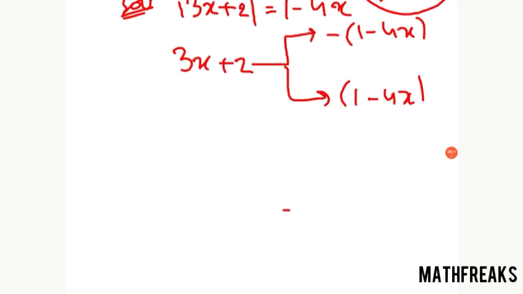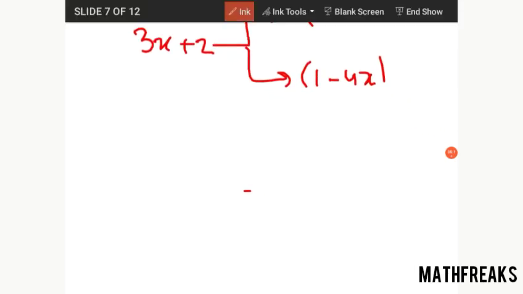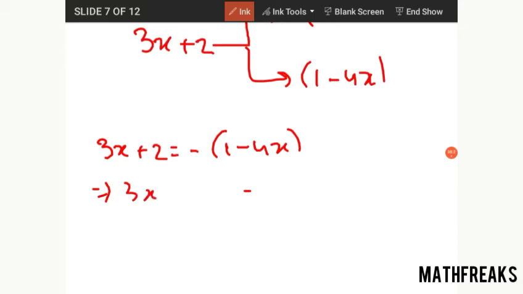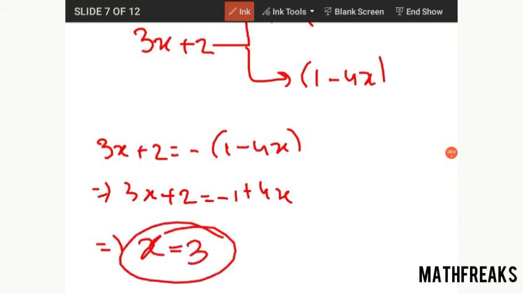Okay, I'm solving for 3x plus 2 is equal to minus of 1 minus 4x. This one will be 3x plus 2 is equal to minus 1 plus 4x. So we are going to get x is equal to 3. Correct? Case 1.